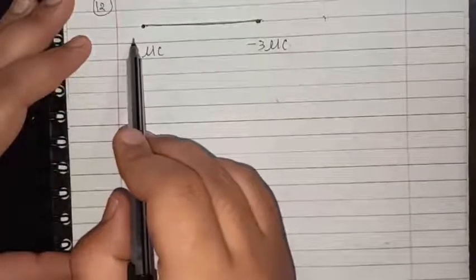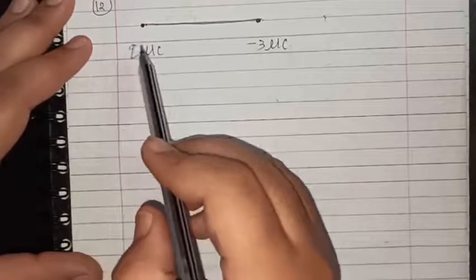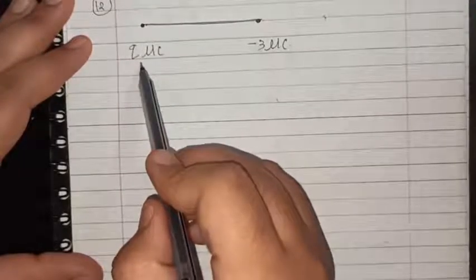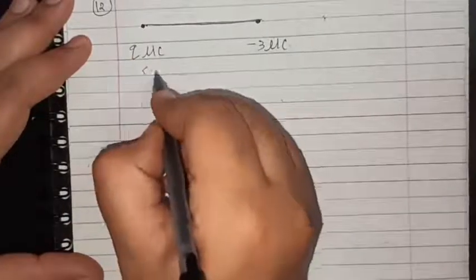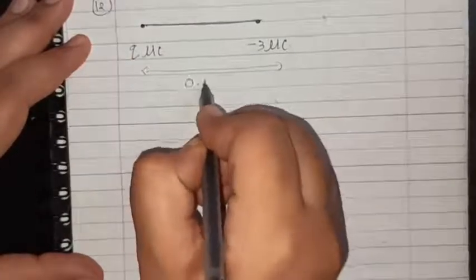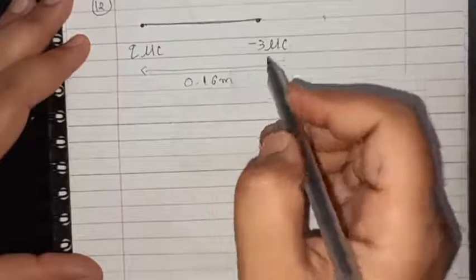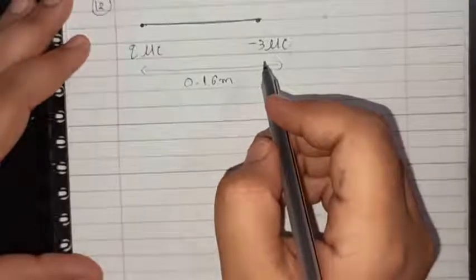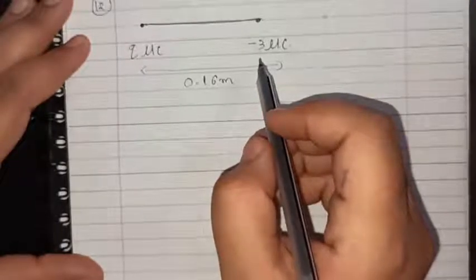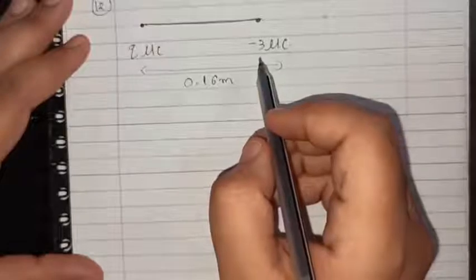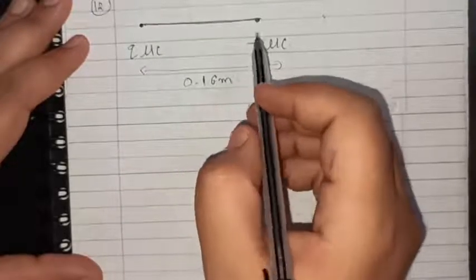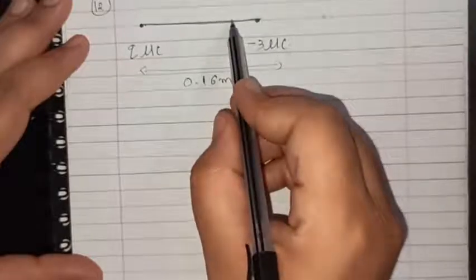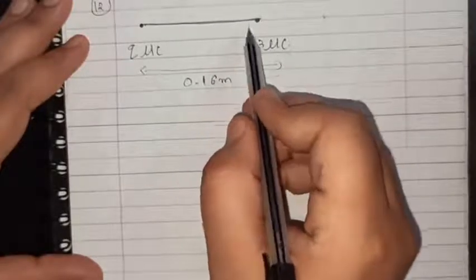In question number 12, it is given that two electric charges of 9 microcoulomb and minus 3 microcoulomb are placed 0.16 meter apart. There are 2 points A and B on the line joining the two charges at a distance 0.04 meter from minus 3 microcoulomb and in between the charges.